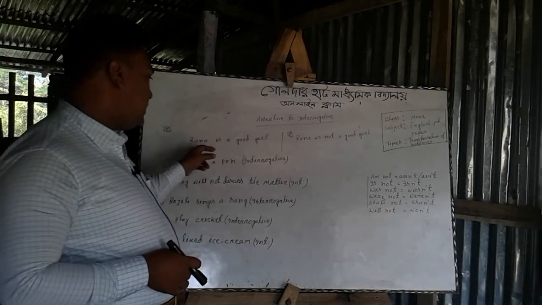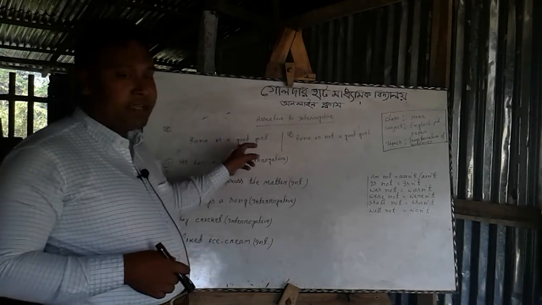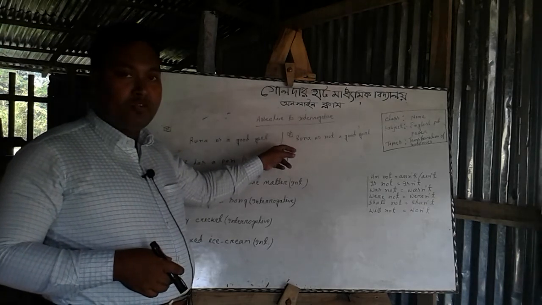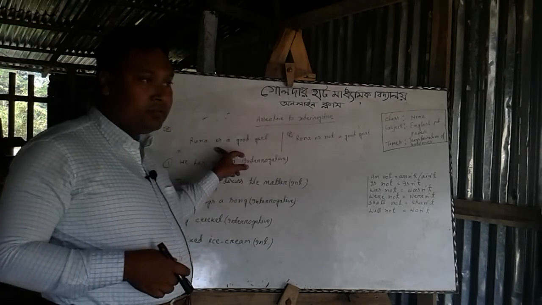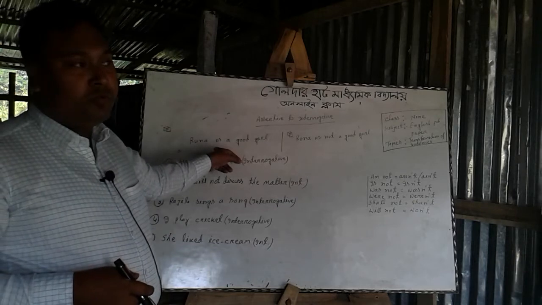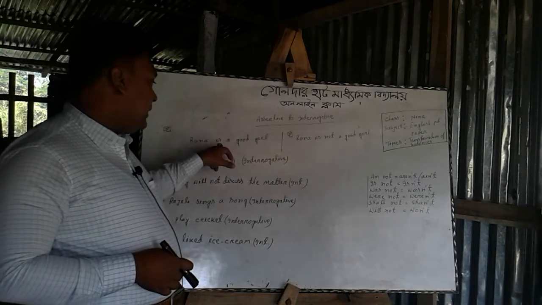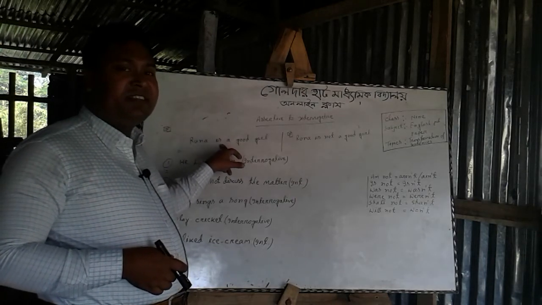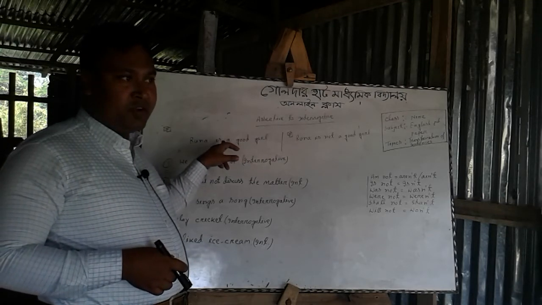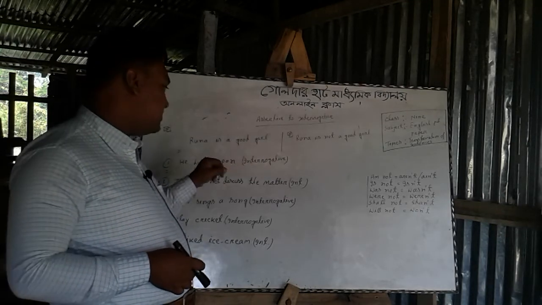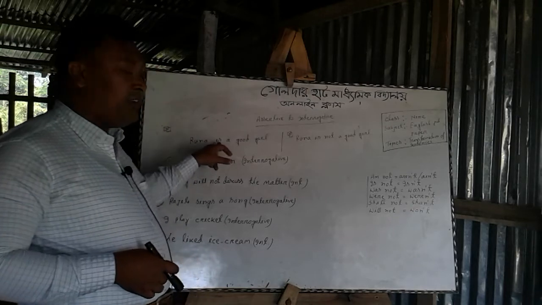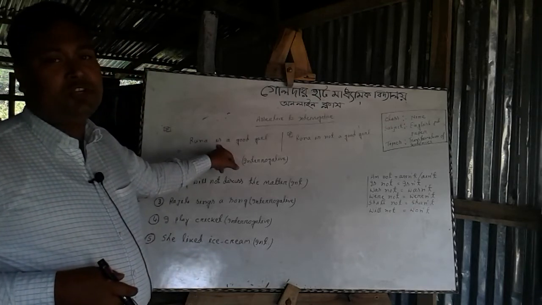Here you see, Runa is a good girl. So here we see an auxiliary verb is present in this sentence. In my previous class I told you what is an auxiliary verb.